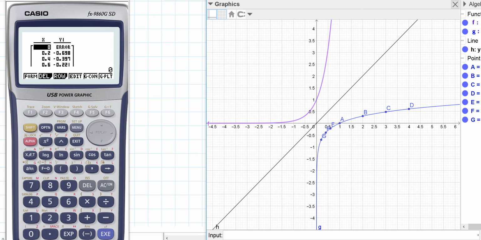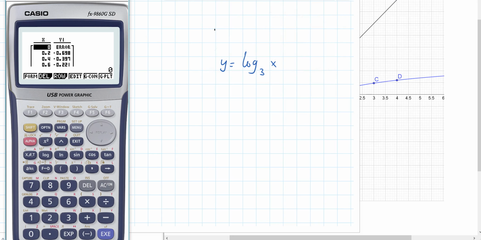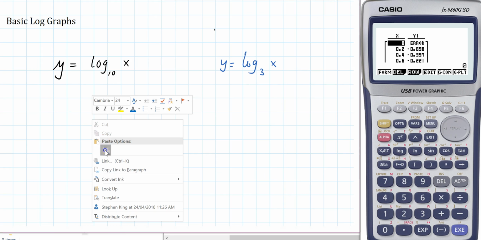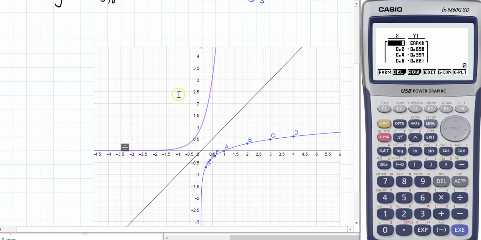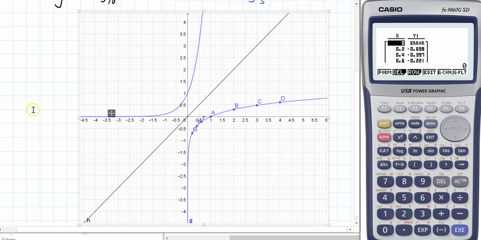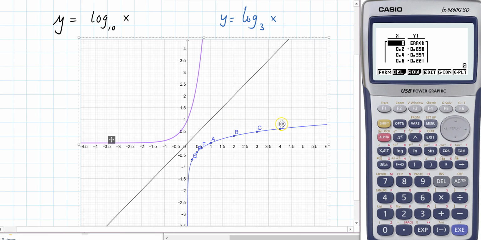So I'm just going to take a quick copy of this, and let's get back to where we were before, and drop in the copy here. So here we've got our log graphs and our related exponential graph. So this is the graph y equals log to the base 10 of x.